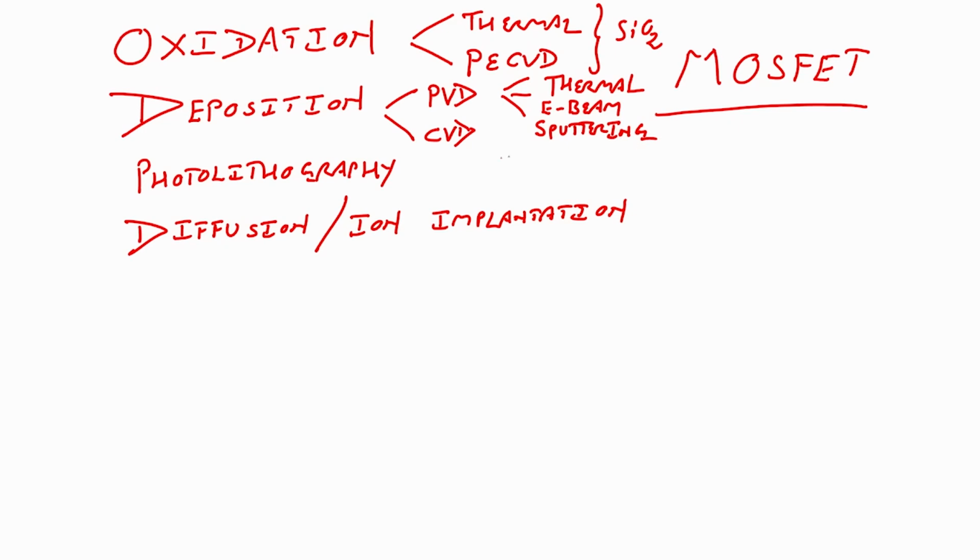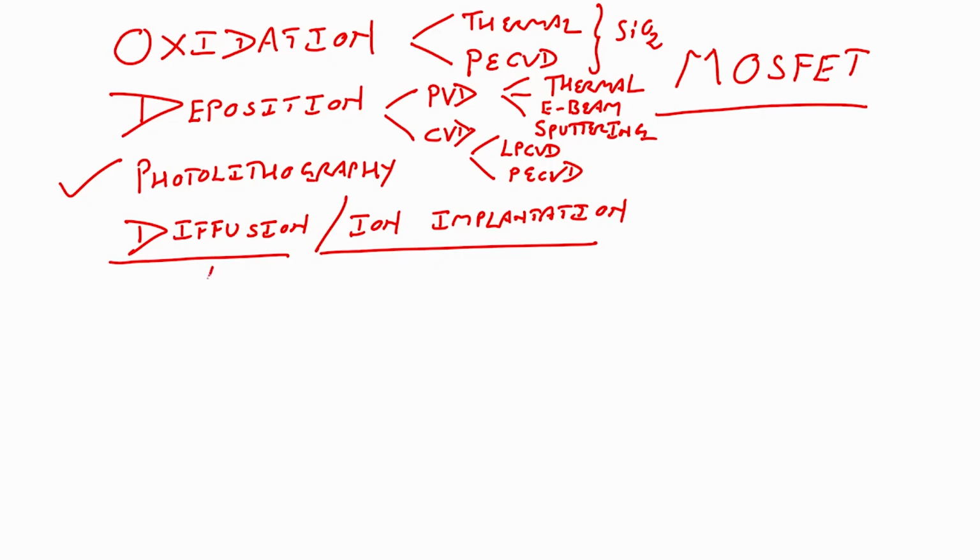Right. And in CVD we have seen 2 types, LPCVD and PECVD, right. Then we have seen photolithography, and then this is the process that we need to see, but we will not go in detail.